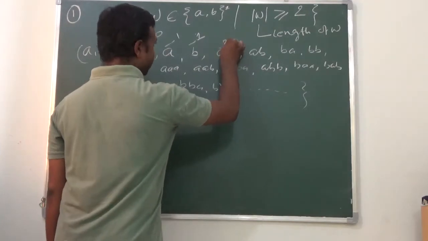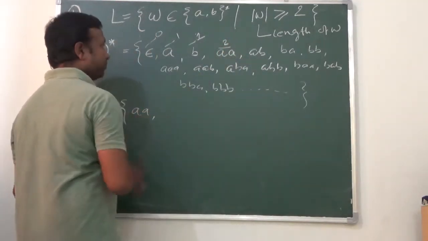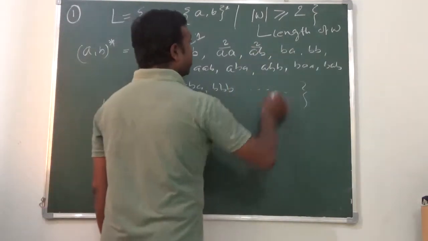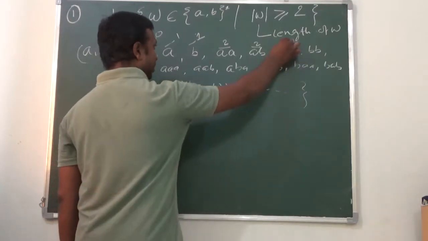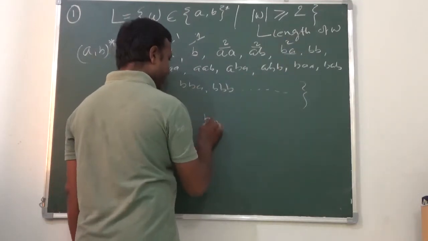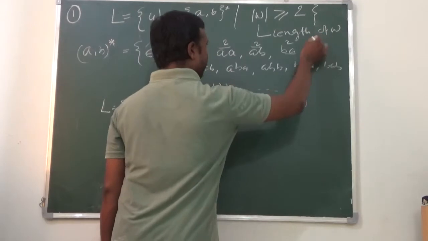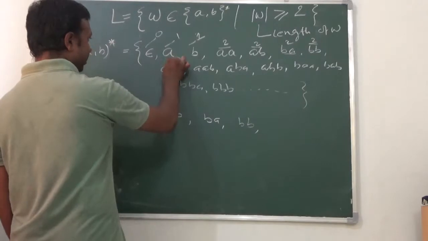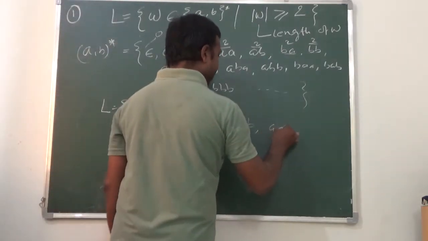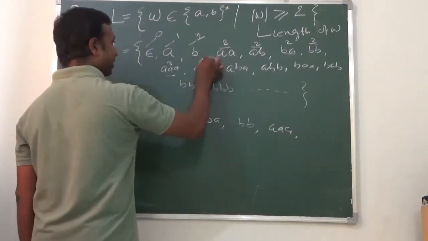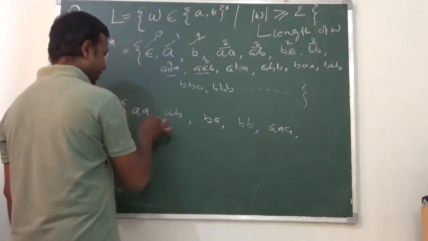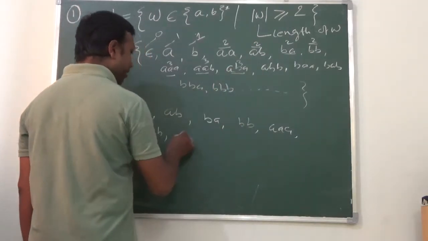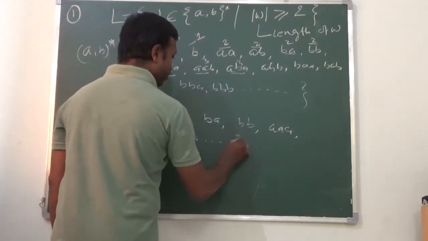So here the length is 2, we should accept AA. Here the length is 2, we should accept AB. BA is again 2. BB is length 2, it should be accepted. The length is 3, we should accept AAA, AAB, ABA, and keep on going.